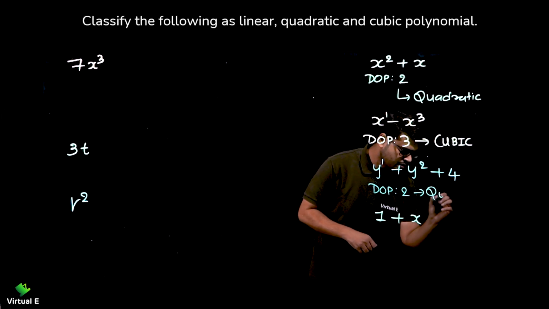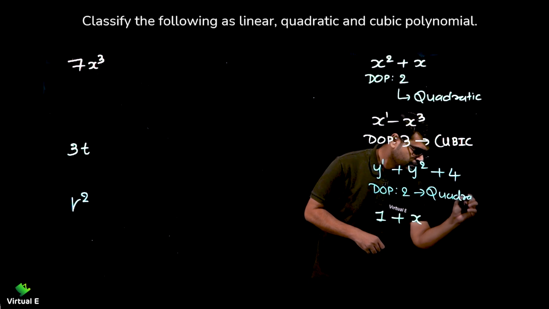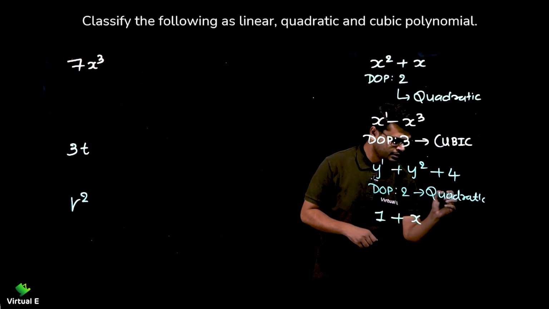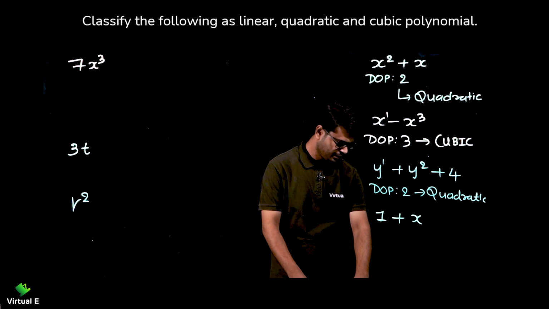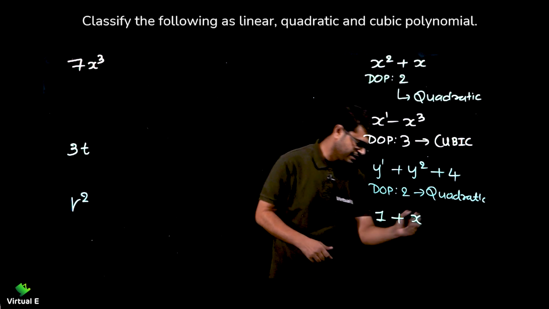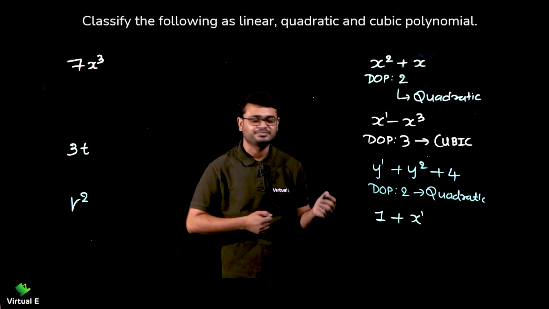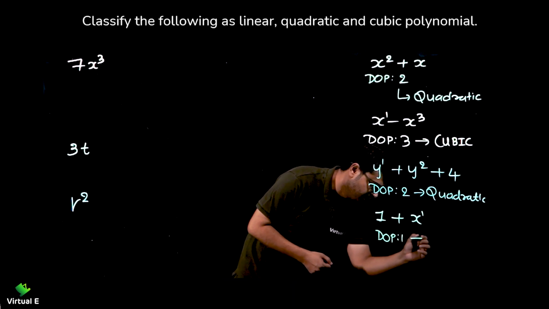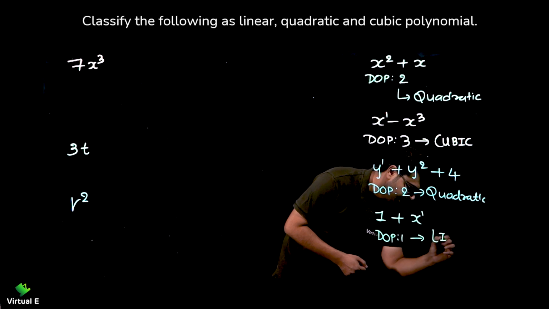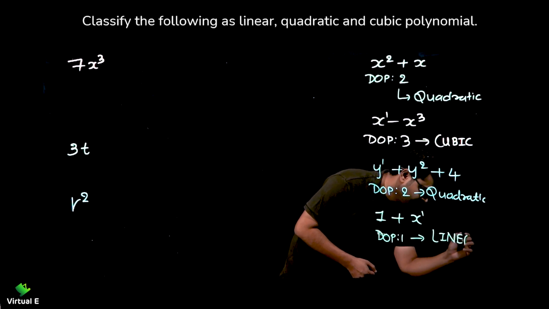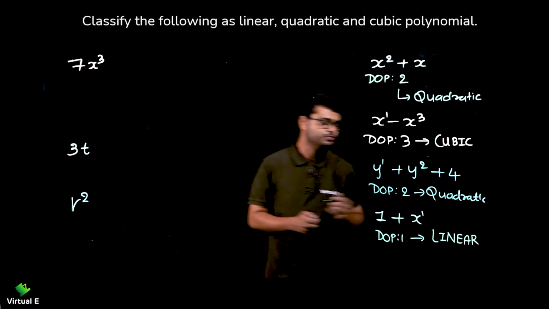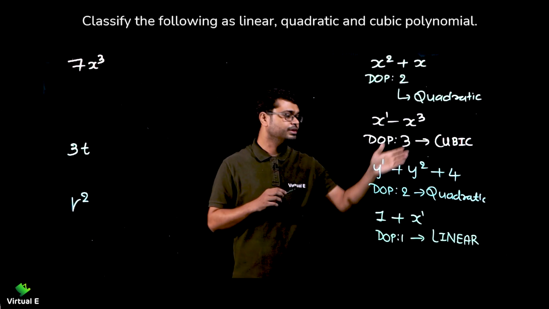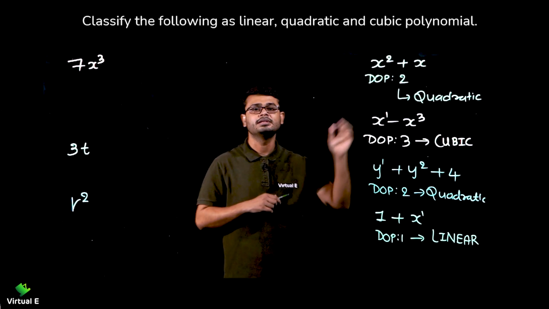Again it is quadratic, right? And here, 1 plus x, I think it's easy to guess, right? The degree of polynomial is 1, so it is linear. If the degree of polynomial is 1, then linear, 2, then quadratic, 3, then cubic.